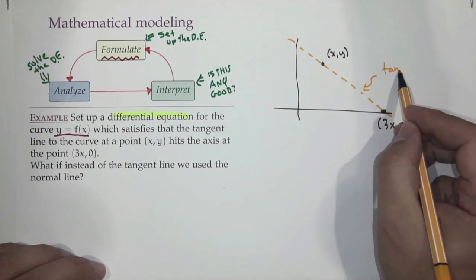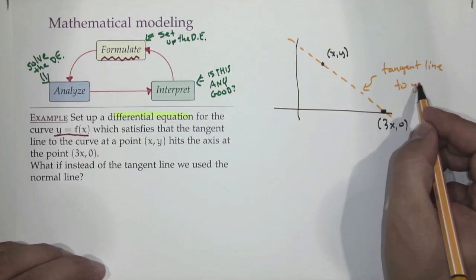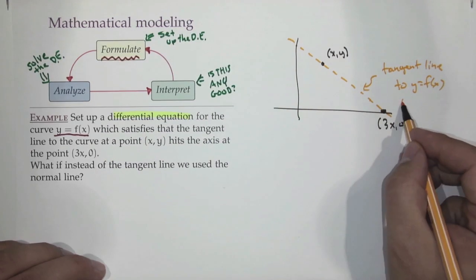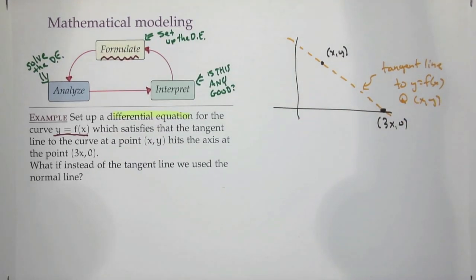So we now know what our tangent line to y equals f of x at the point x comma y. Well, what are some interesting things that you can say about a tangent line? Somebody said the derivative. What do you mean by the derivative? Not sure, kind of a pot shot.